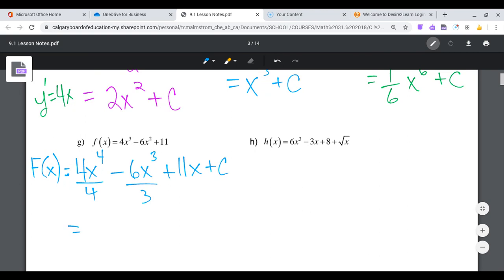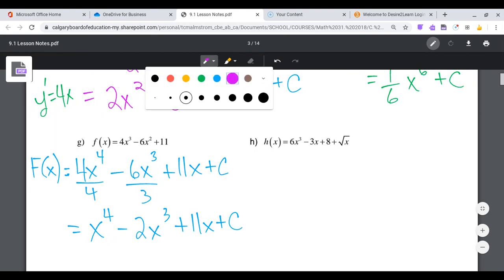And then we would tidy that up. So we had x to the 4th minus 2x cubed plus 11x plus c. And then again, you can always check your answer, take the derivative of that and see if you got it right.